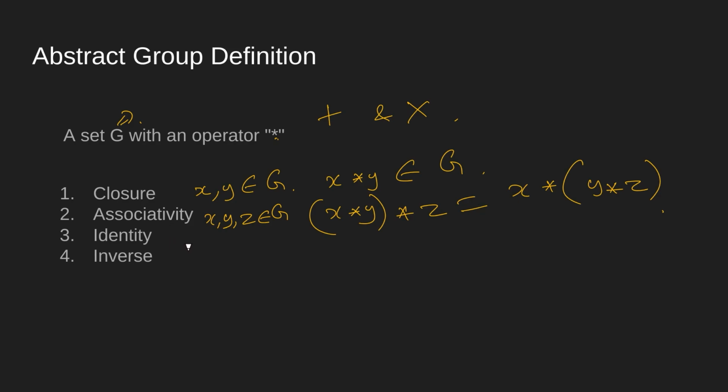Identity is an existential property, which means there exists, that's how it is read, an element E from this set G. These are abstract variables, they could be anything, such that if you operate E to the left of x, it should be equal to when you operate E to the right of x, and this should be equal to x.